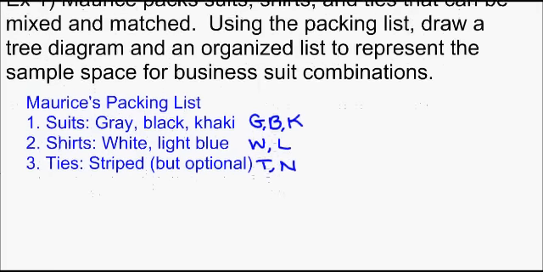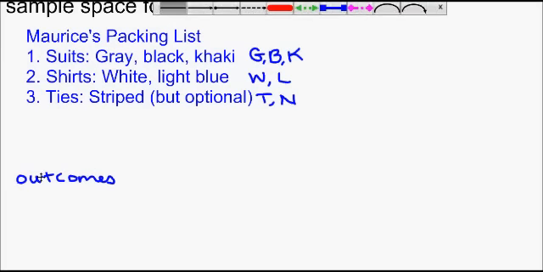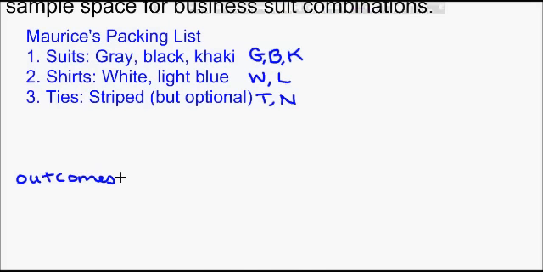Okay. So my tree, we're going to start off with one root here. So my root is outcomes. You could call it outfits if you wanted to, because these are outfits, but I'm going to call it outcomes. And my first branch off is for what color is Maurice's suit.